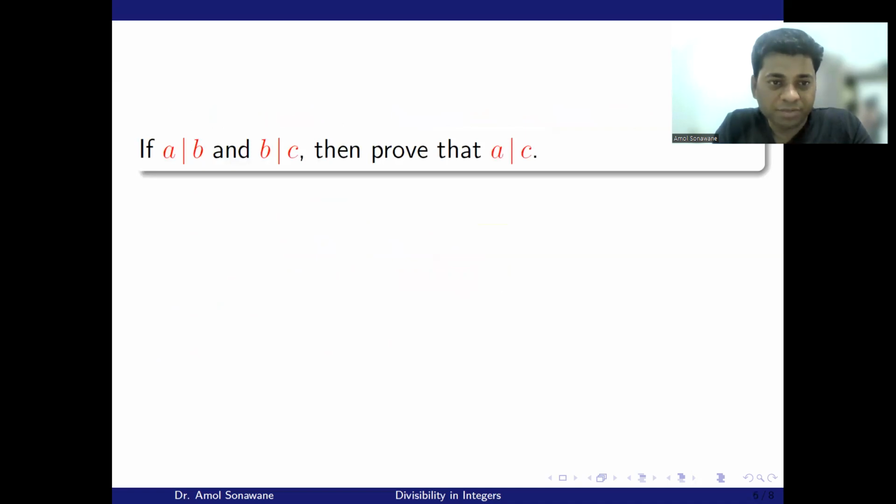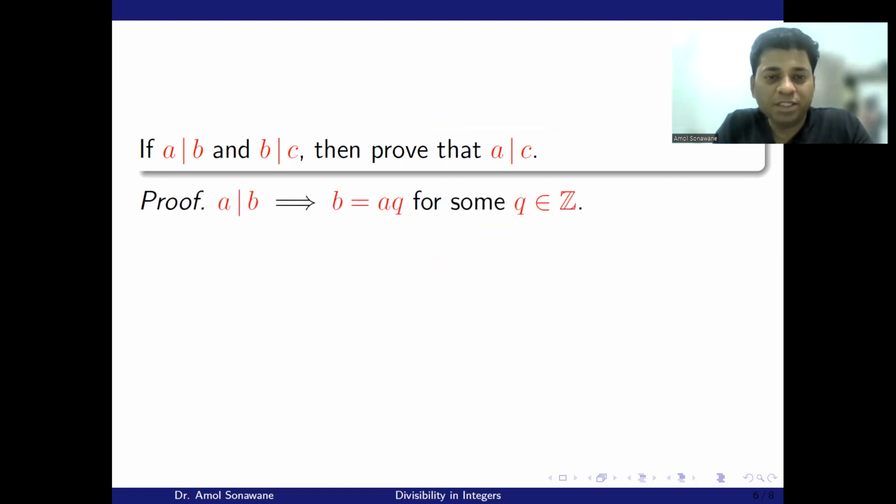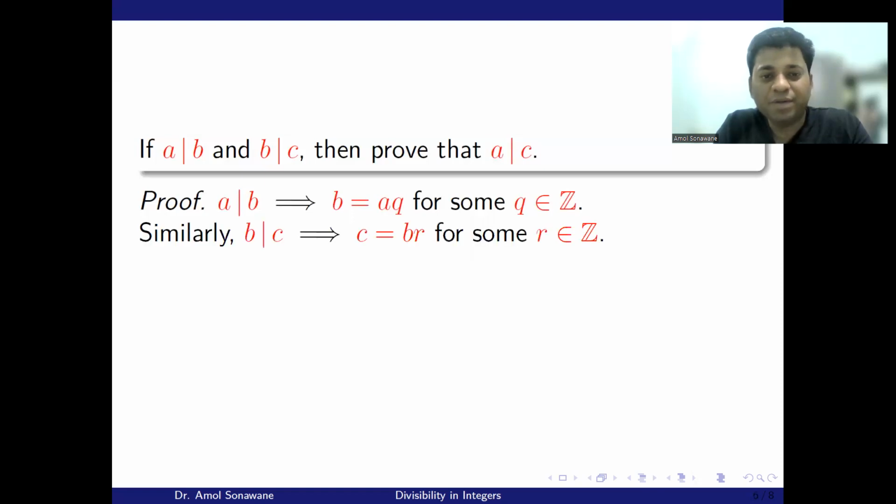Let's see another property. If a divides b and b divides c, then a divides c. Let's see the proof. A divides b implies b is equal to aq for some integer q. Similarly, b divides c implies c is equal to b times r for some integer r.